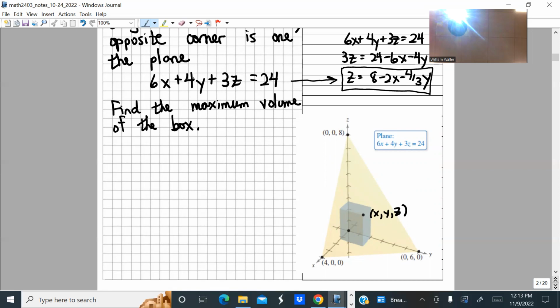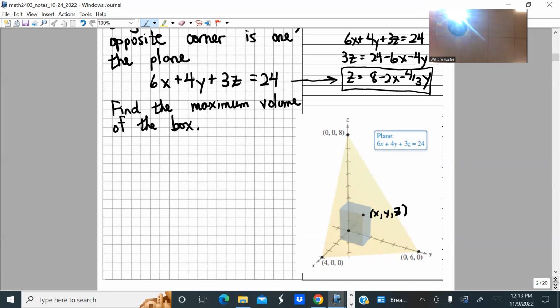Of course you could put this point way up here, but then your box would essentially just be the z-axis, right?